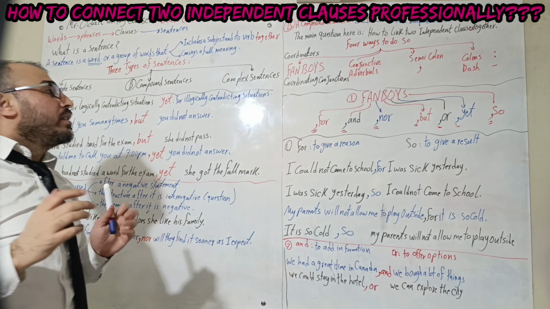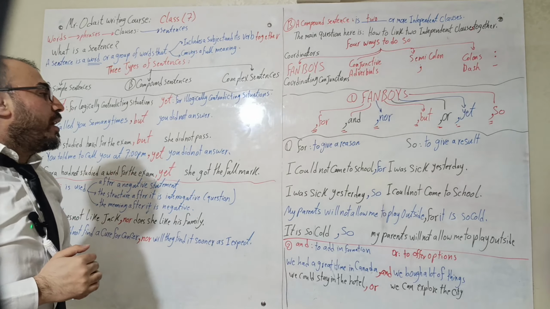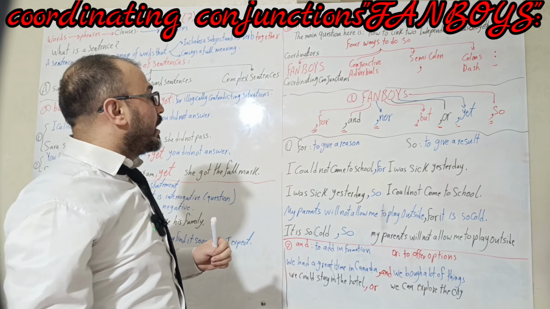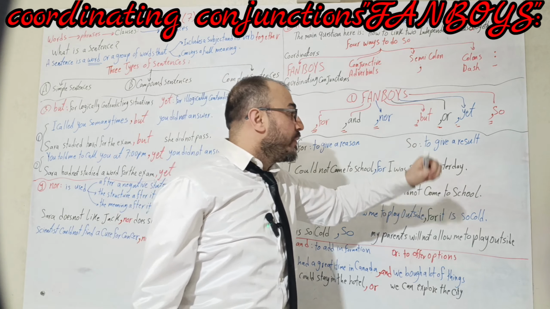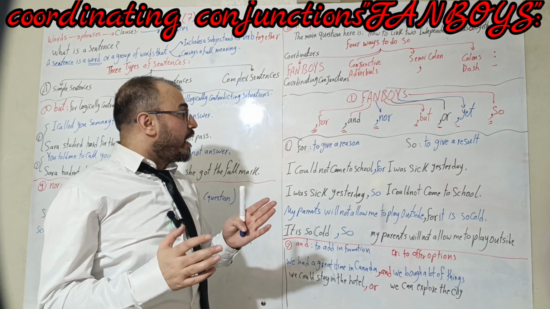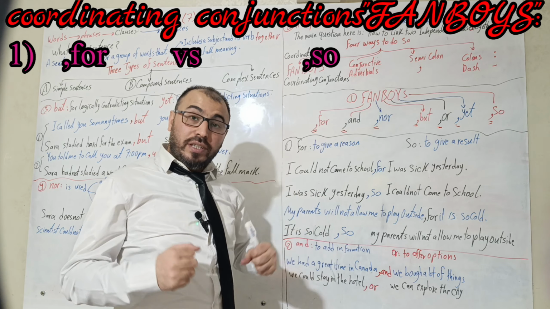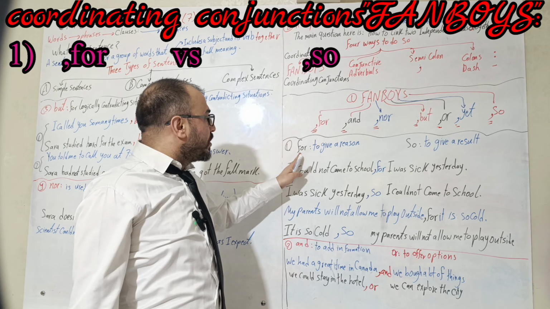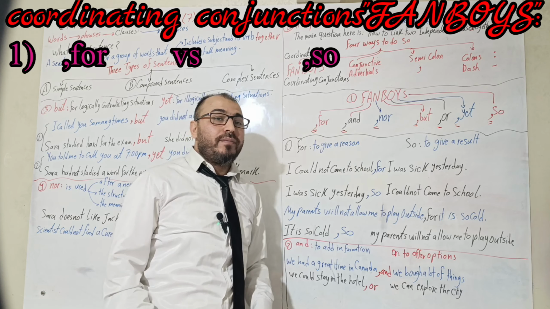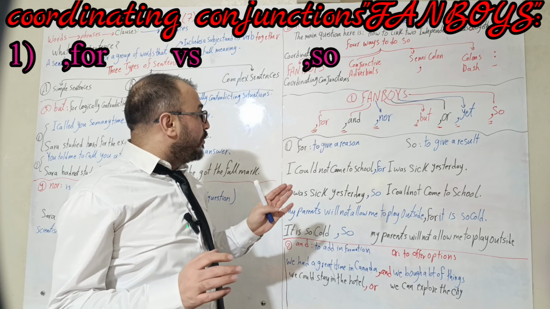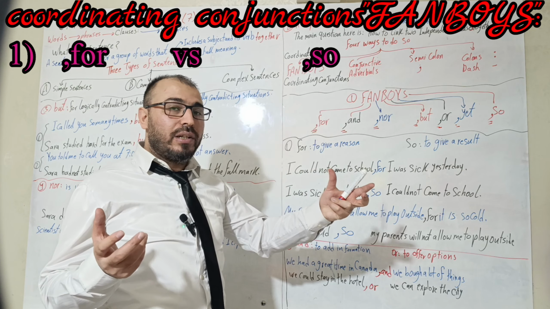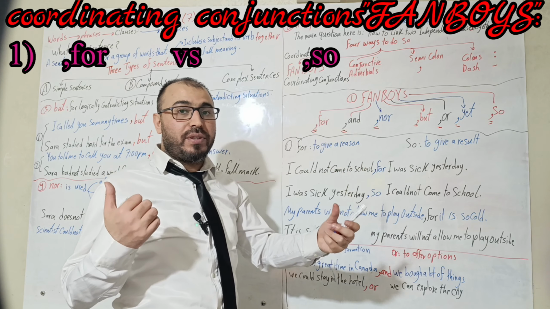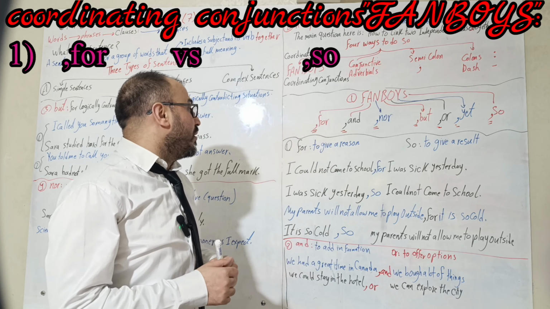Let's start discussing them in depth one by one. I would like to make a comparison between for and so, since they give contradicting meanings. Here we use for to give a reason. Generally, my friends, if we have two independent clauses, and one of them is a reason for the other, we use for.